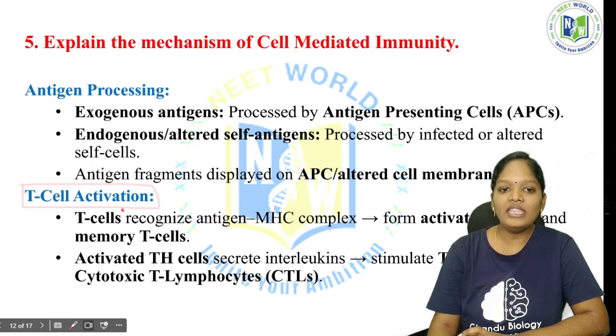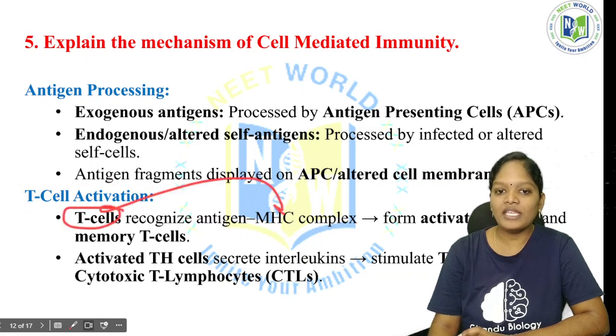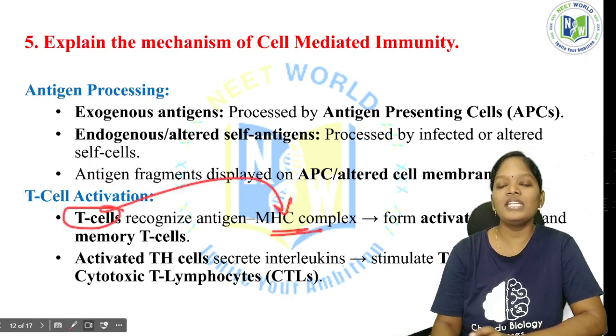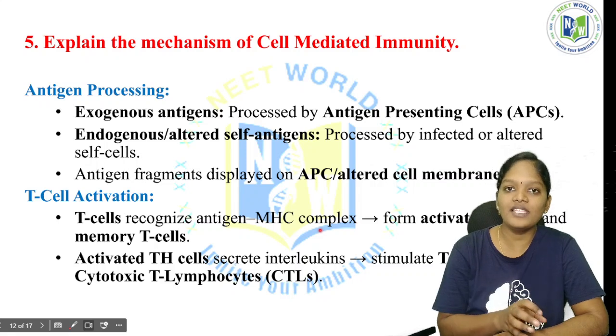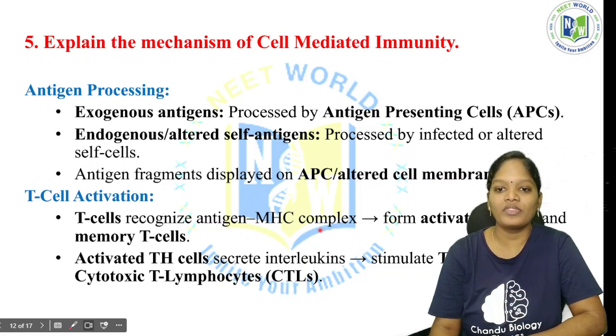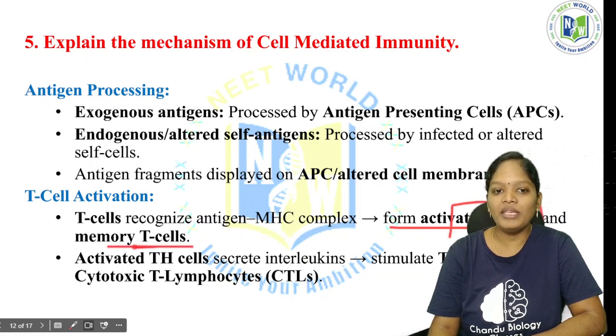Now the T cells have an MHC complex involved in differentiating self cell and non-self cell. They form the activated T cells and the memory T cells. Now the activated T helper cells secrete interleukins.